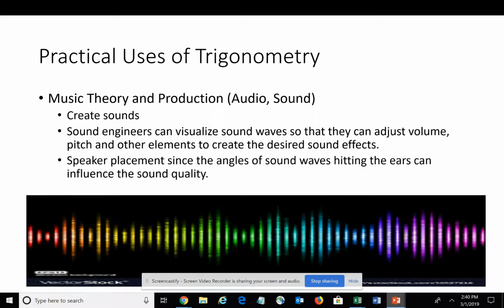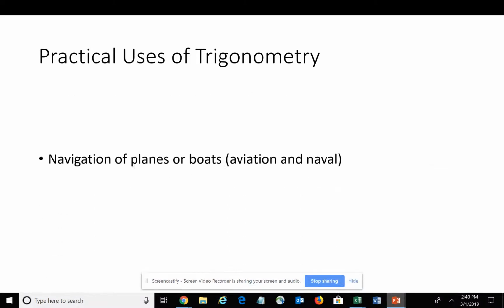Also, speaker placement within a particular venue, whether that's an auditorium or some sort of arena, becomes important in the use of trigonometry because the angles of the sound waves hitting the ears and bouncing off the walls can affect or even influence the sound quality.